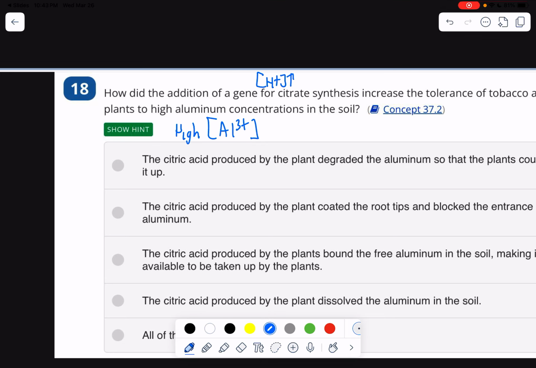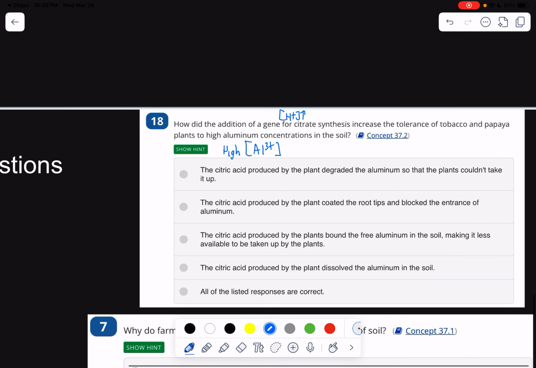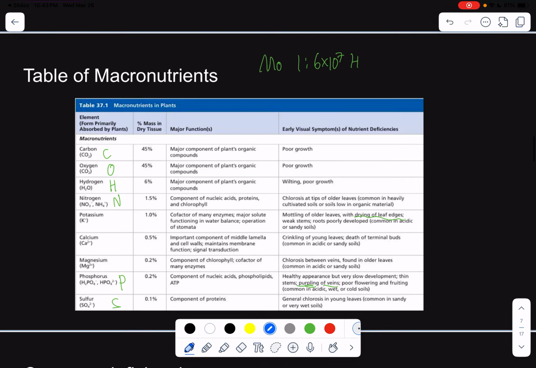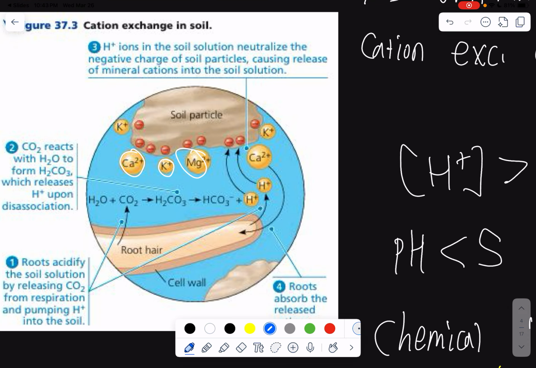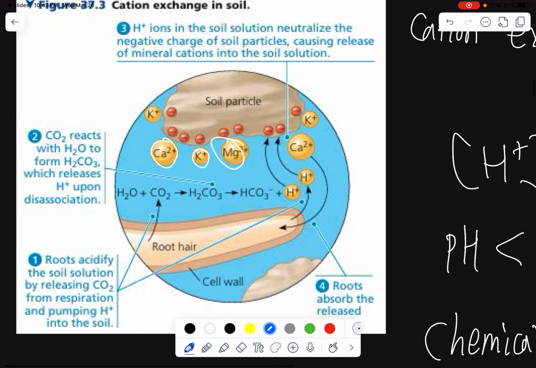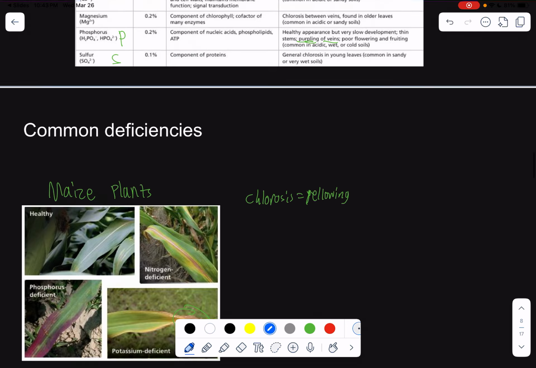Because of what reason? Well, remember what we said about cation exchange? Let's go back all the way up. Cation exchange is when the hydrogen ions crowd out the space necessary for attraction to occur between the plant nutrients like Ca2+ and Mg2+ and the negatively charged soil particles, right?